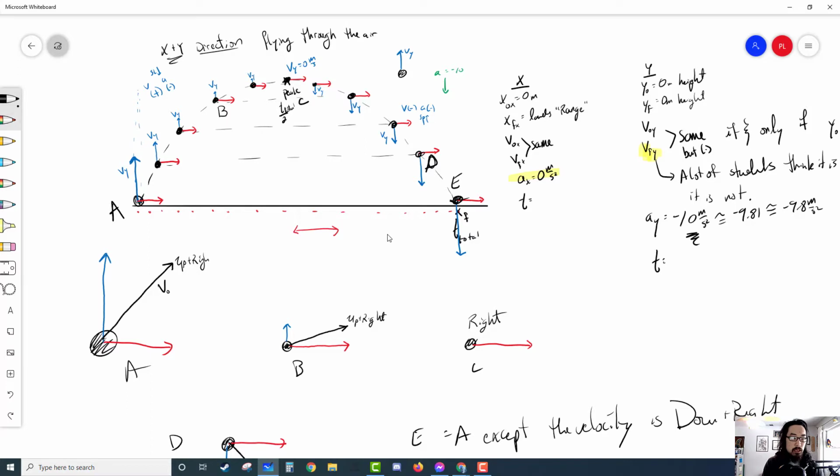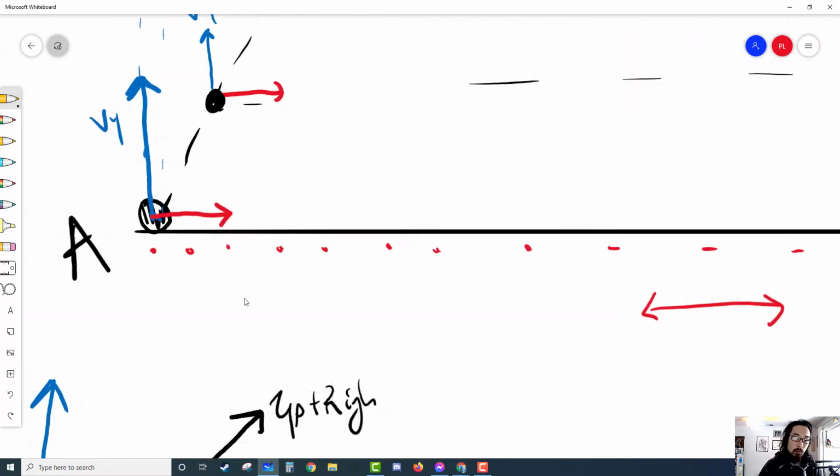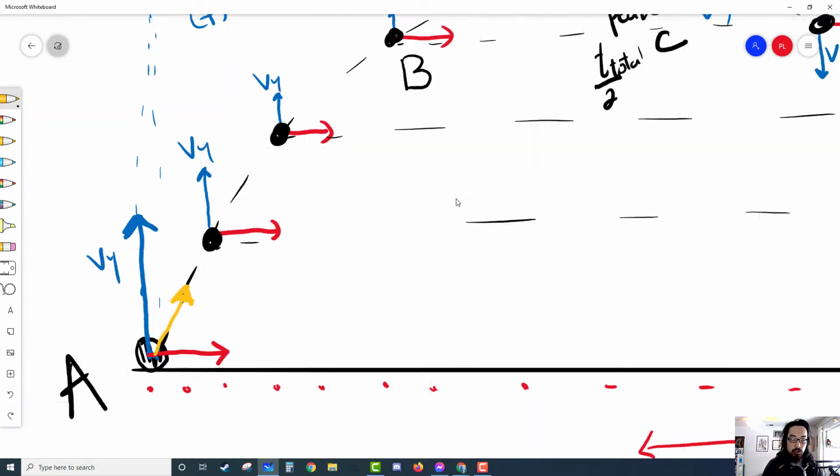I'll do this in yellow. The actual velocity will be tangent to this path. Oh boy, that was ugly. Right here, it will be tangent to the path at that point.